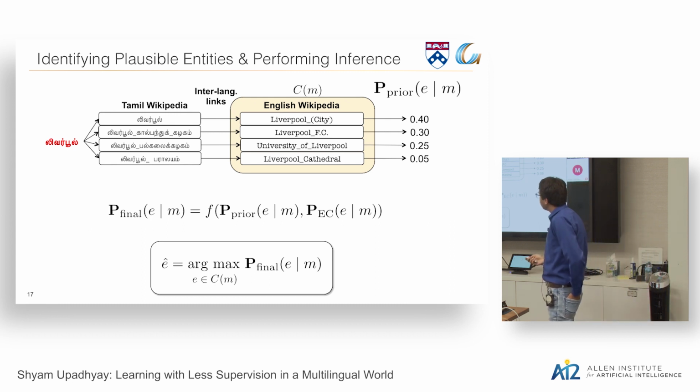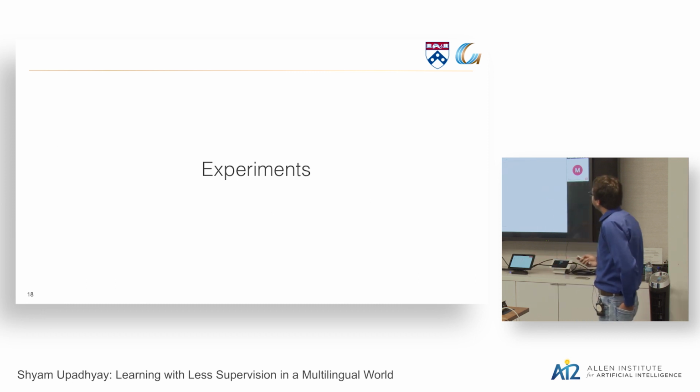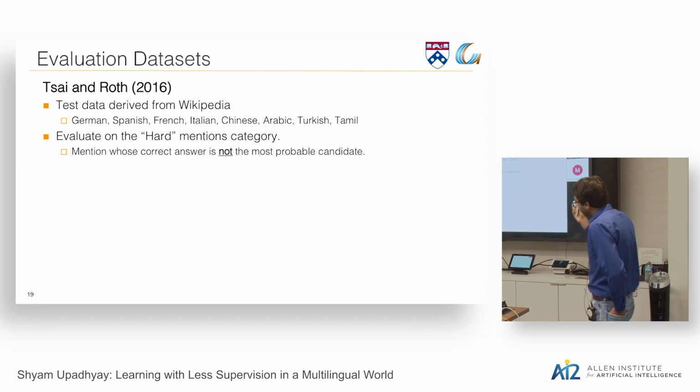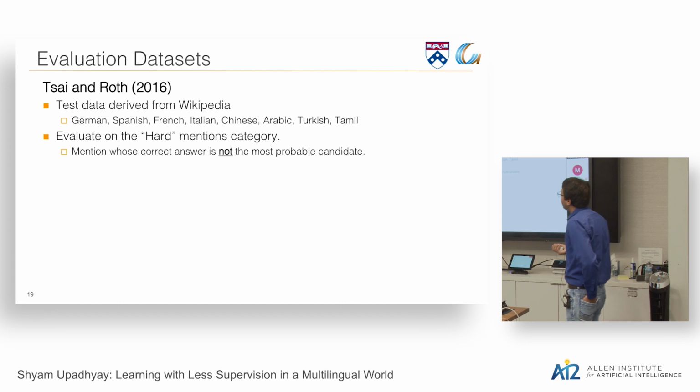All right. So let's see how this model fares in the experiments. In the first set of experiments, first the evaluation datasets. I'm going to evaluate on two datasets. The first one being the dataset from Shyam Upadhyay. This was data derived from Wikipedia, and I'm going to report the results on these 8 languages.